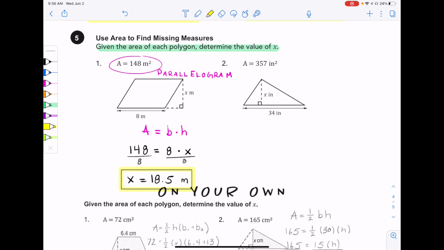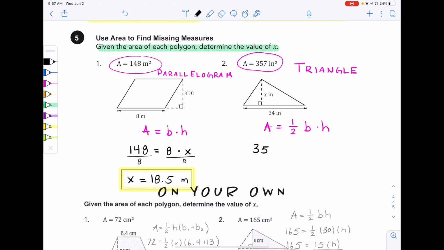Number 2 is a triangle. So number 2 is going to use the equation of area equals 1/2 times base times height. We are given the area of 357. So 357 is equal to 1/2 times the base of 34 times the height of x.